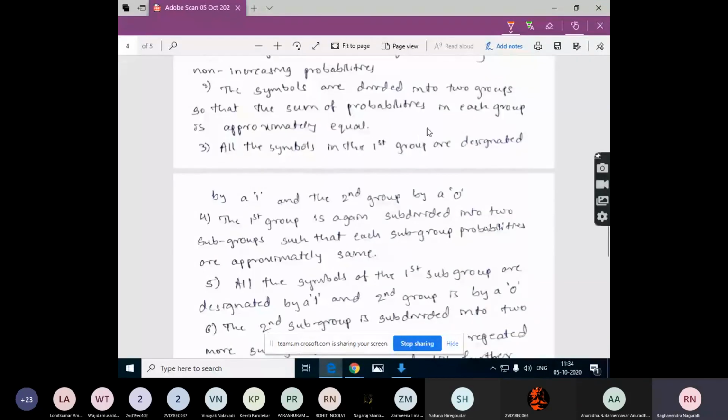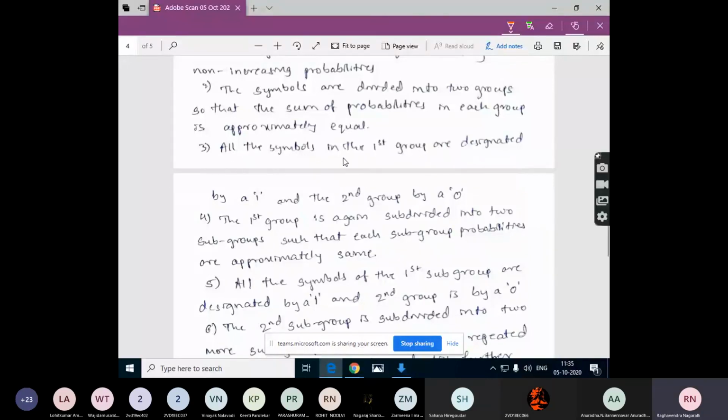So the second step is to divide the list of symbols with their probabilities into two groups so that the sum of probabilities in those groups becomes approximately the same. We first list them by decreasing probability, and then divide the list into two groups with approximately equal sums.